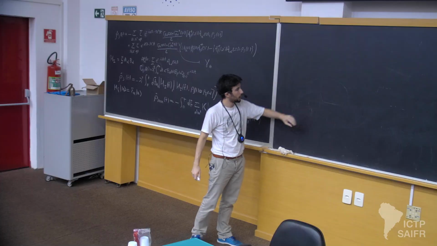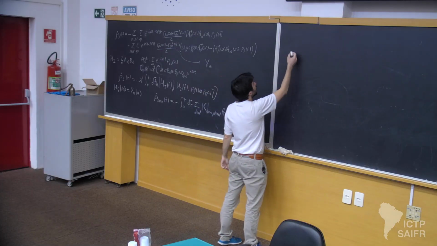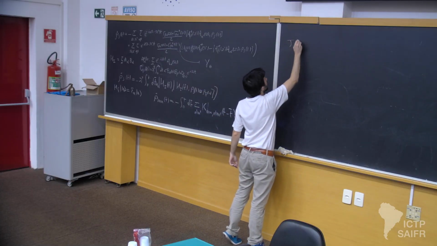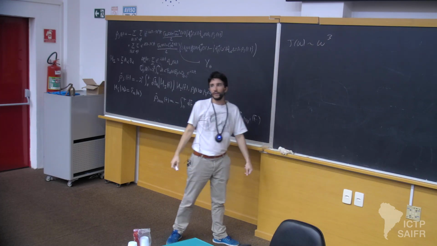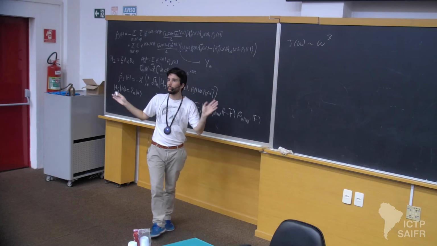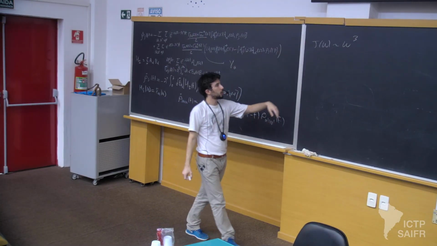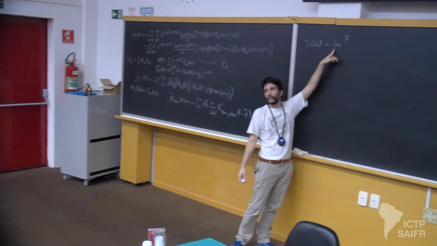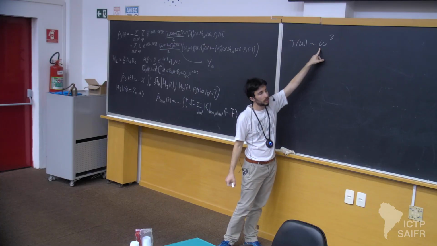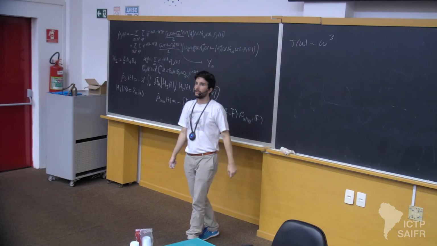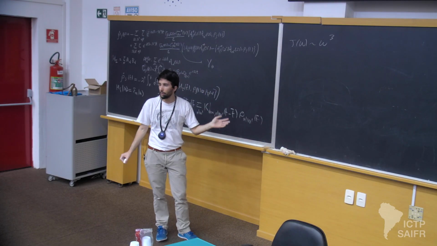So, as I said, if you have your two-level atom embedded in vacuum, the electromagnetic field is going to give rise to a super-ohmic distribution at all frequencies in principle.